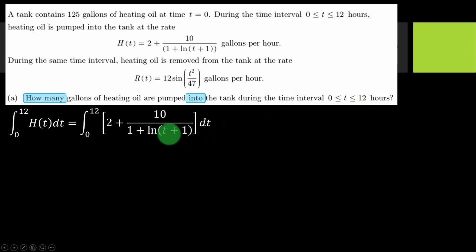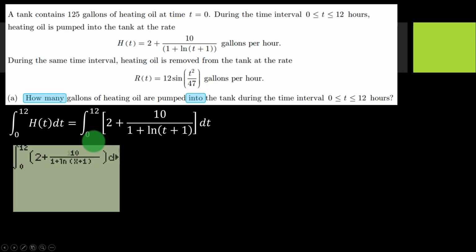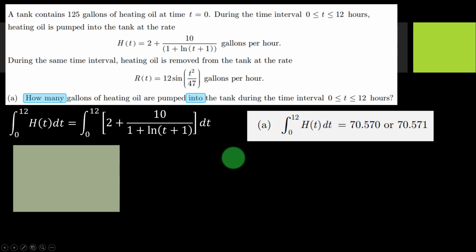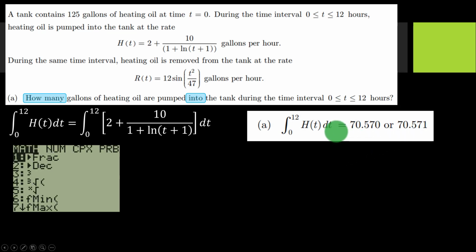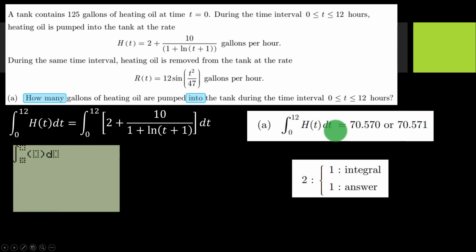If we put it in the calculator, we get 70.570 or 571. And that's it. That's a quick 2 points. One for the integral, one for the answer. This is a very friendly question, and it's really good to get those 2 points right away.